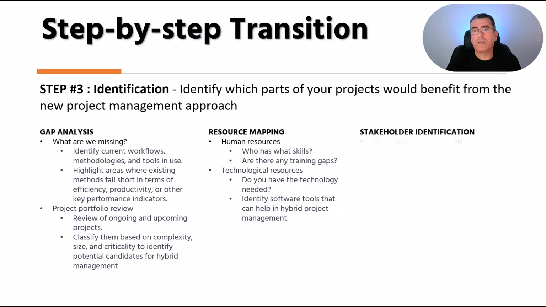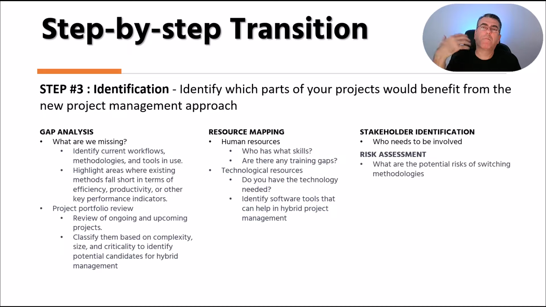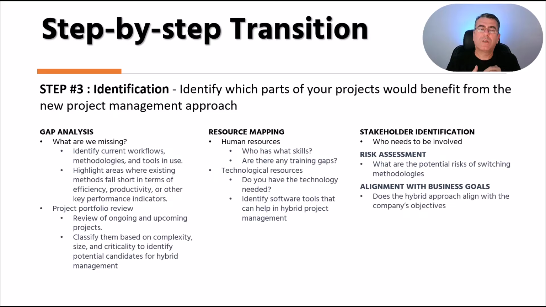We need to work on the stakeholder identification. Who needs to be involved in this process? We need to think about risk assessment. What are the potential risks of switching this methodology when you move from one approach to another? We need to be aligned with business goals. We need to understand if the hybrid approach is aligned with the company's objectives.